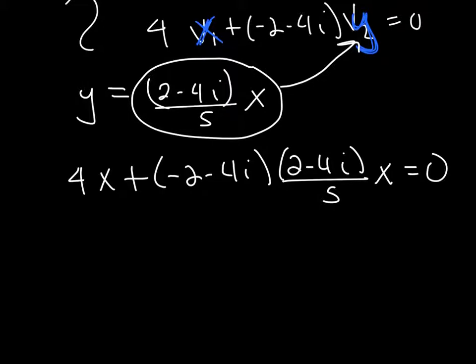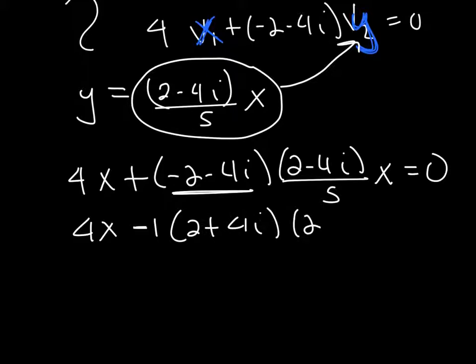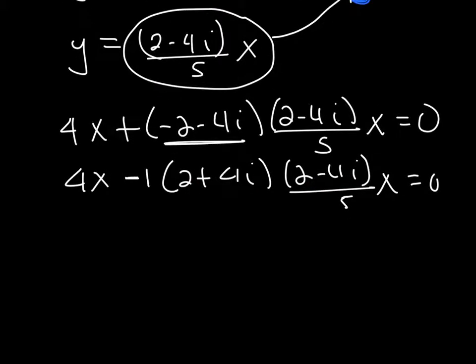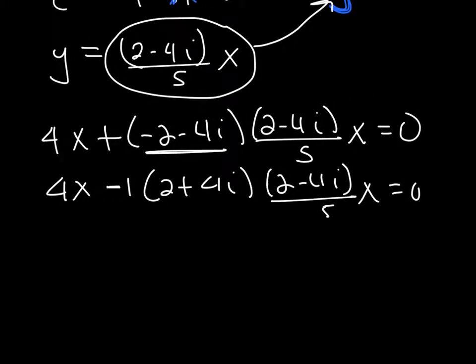So here we can make this look a little bit nicer. I'm going to go ahead and factor out a -1 from this guy, because we can. Plus 4i, and then I'm just keeping this guy the same. The reason I did this is because this is a conjugate of this complex number, a plus bi and a minus bi.